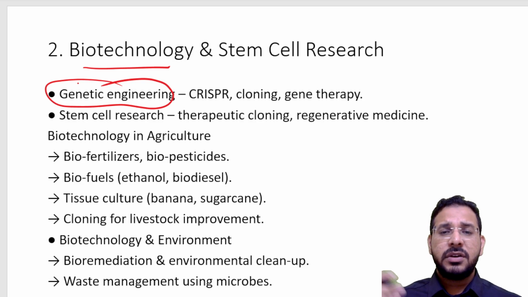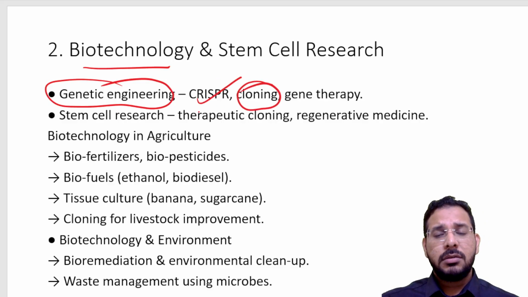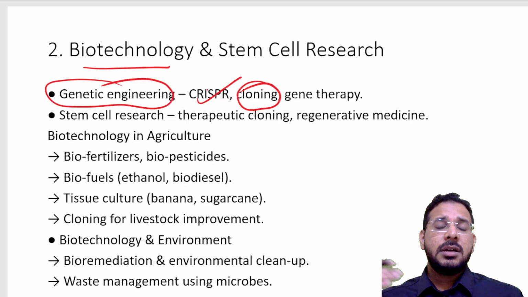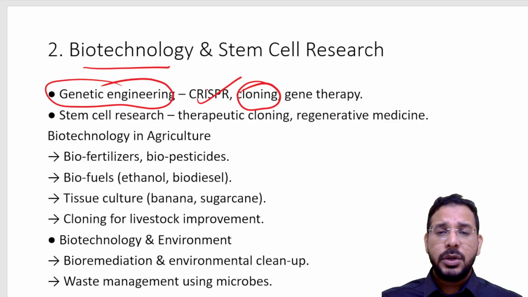It is done with different tools, like we have CRISPR, CRISPR-Cas9, etc. We also have cloning, where we are reproducing exactly the same species or exactly the same animal. Like we reproduce sheep, it will be identical to the parent sheep.